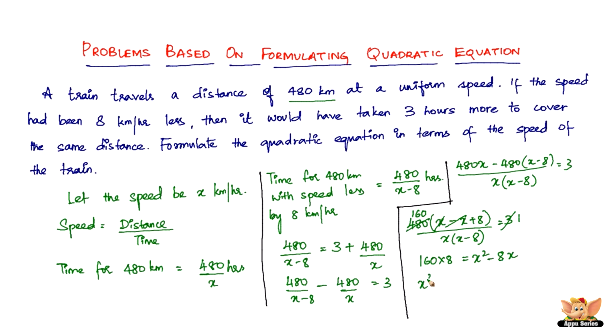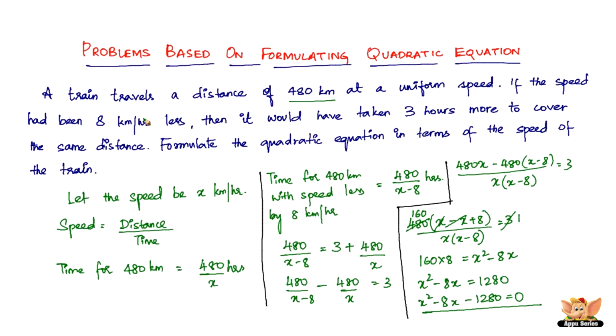So the equation that we've got is x square minus 8x equals 1280, or x square minus 8x minus 1280 equals 0. This is the equation required to find the speed of the train, that is, x.